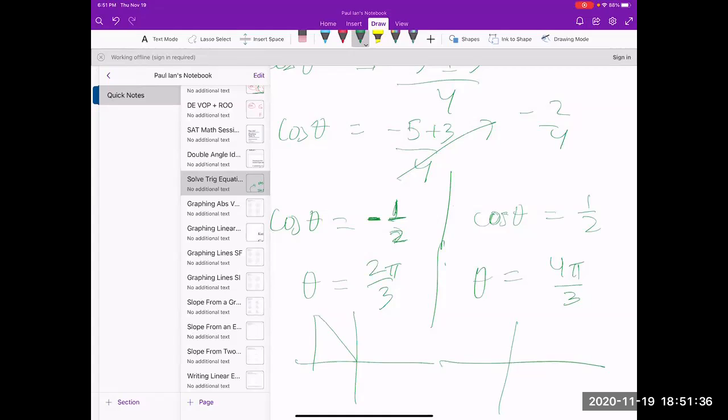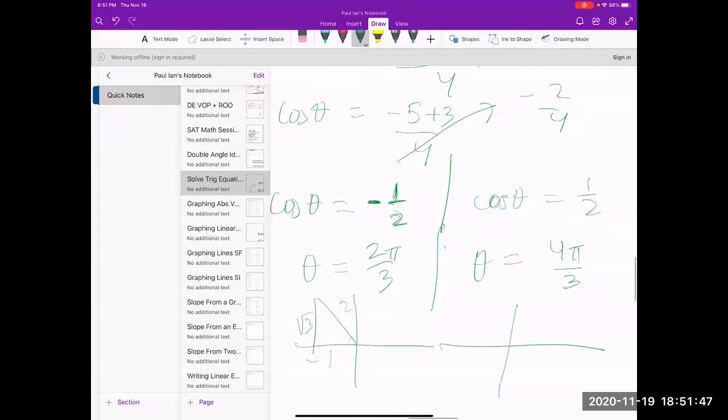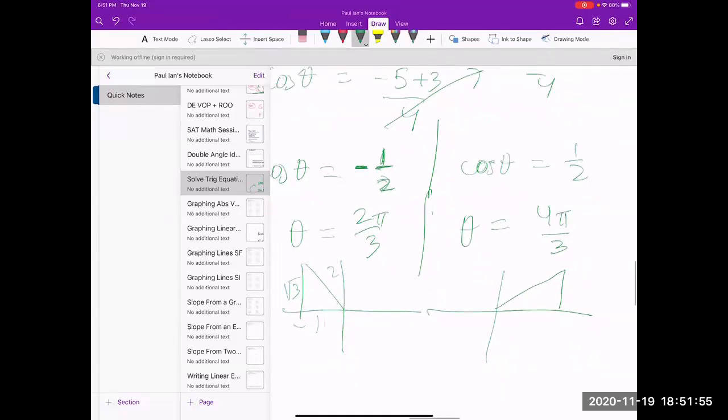So this is 60, so that should be root 3, then 1, 2, and negative. So it seems like it's 2 pi over 3. And the other one is 1/2. And you say that is cosine. So this is going to be root 3, then 1, and then 2.